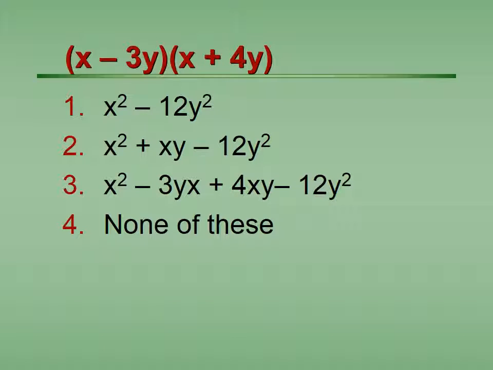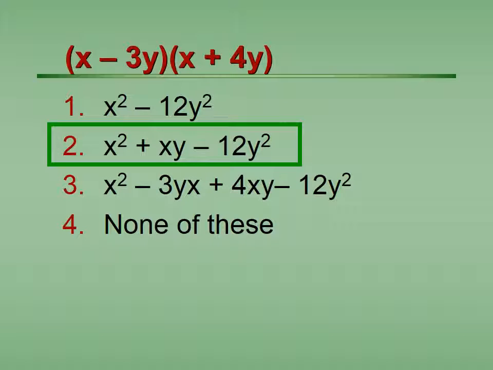Go ahead and try this one by yourself. You should have gotten option 2. If you use the FOIL method, your first terms are x and x, so that got you x squared.